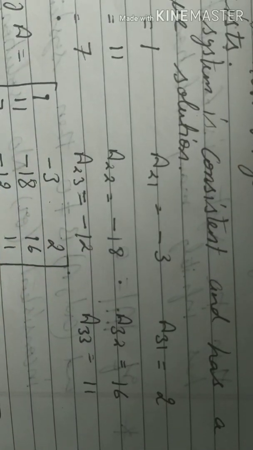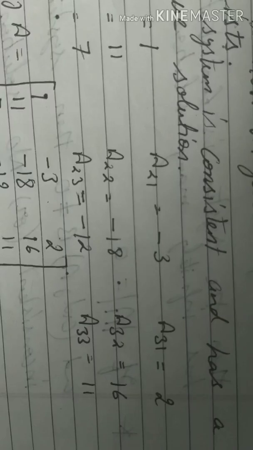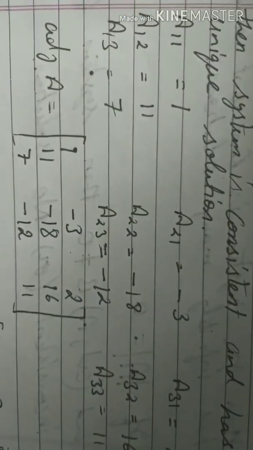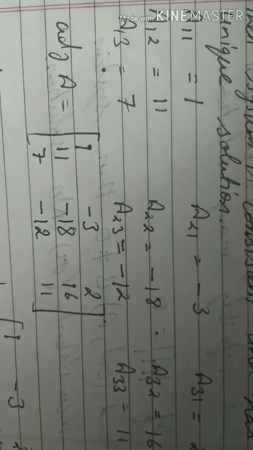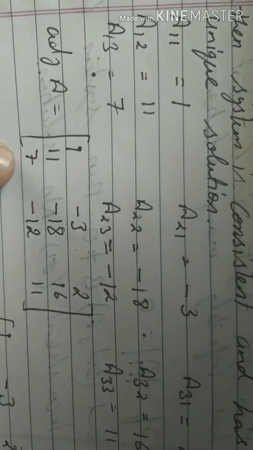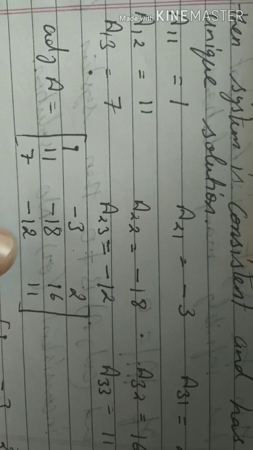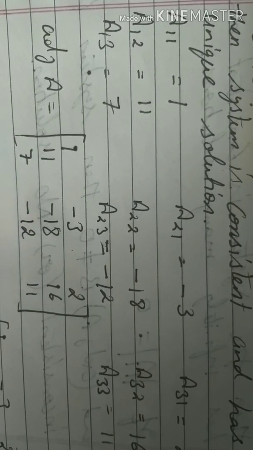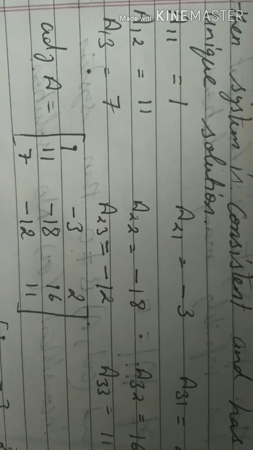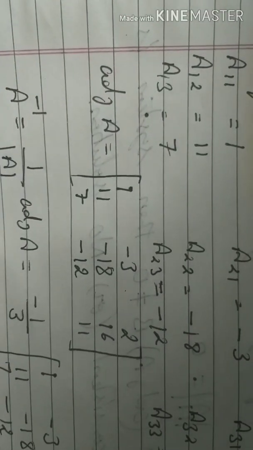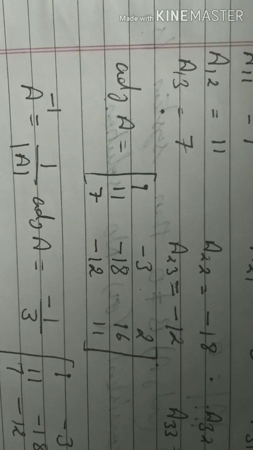When you find them with the method you get these final answers for the cofactors, and our adjoint is 1, minus 3, 2, 11, minus 18, 16, 7, minus 12, 11. That is the adjoint. After that we find A inverse. Clear? A inverse equals 1 by determinant of A into adjoint of A.